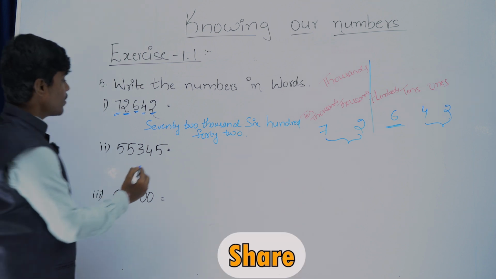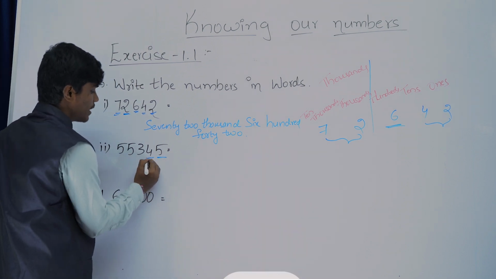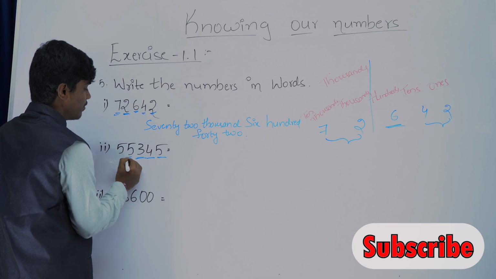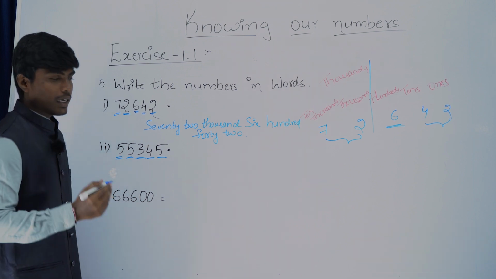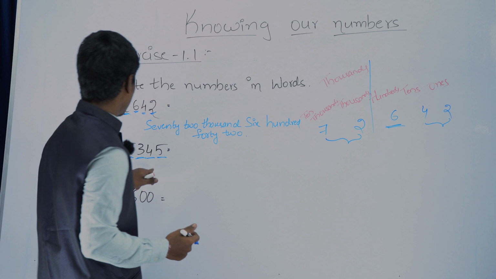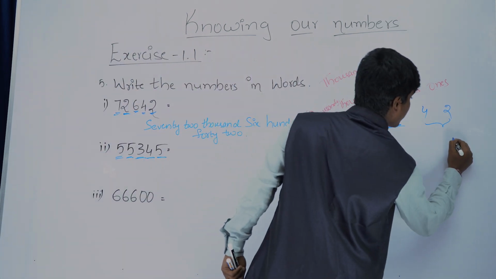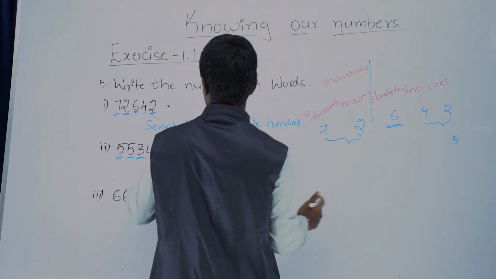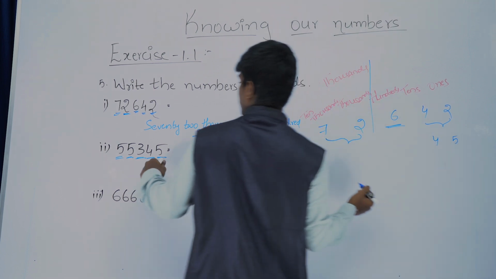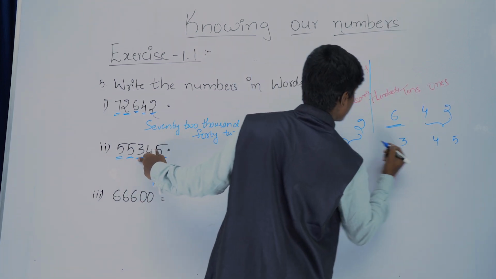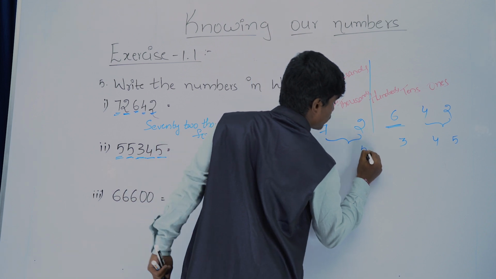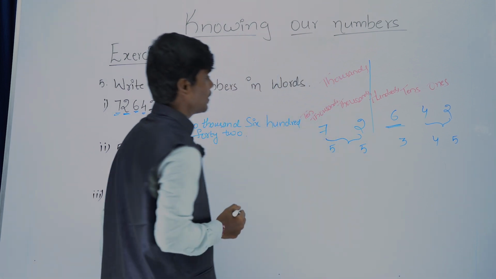Similarly, here 5 is in ones place, 4 is in tens place, 3 is in hundreds place, 5 is in thousands place, and 5 is in 10,000s place. Let's write it out.